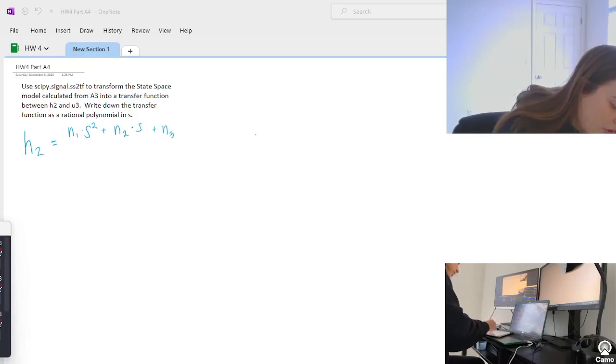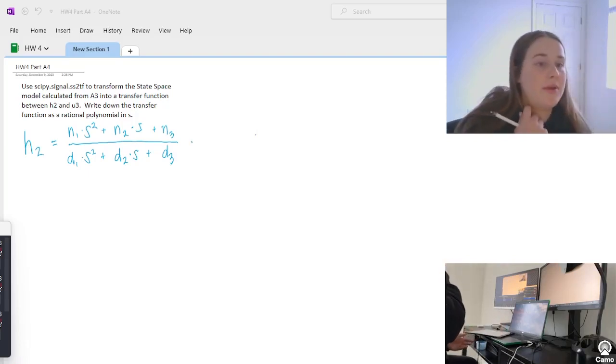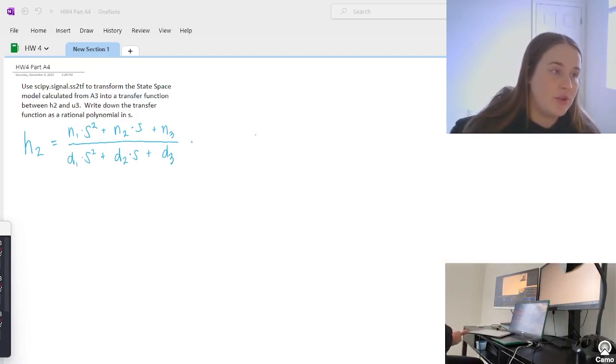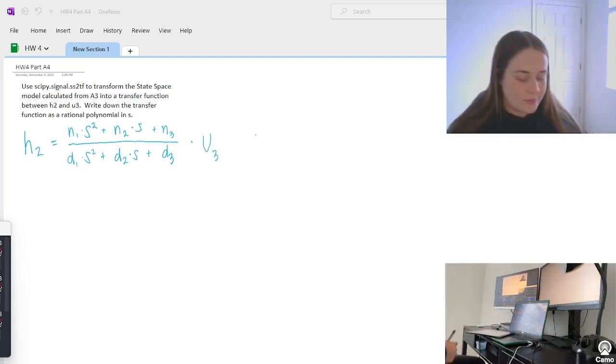This is all over d1 times s squared plus d2 times s plus d3. And this is all multiplied by U3, because here we want the transfer function between H2 and U3.